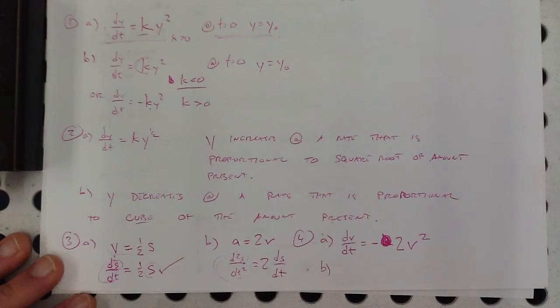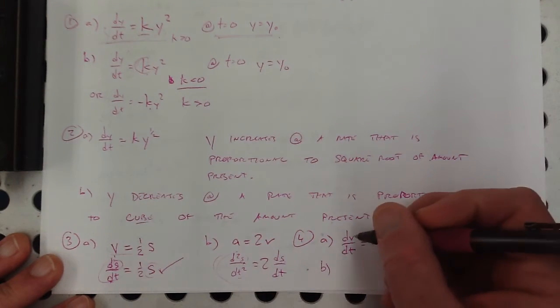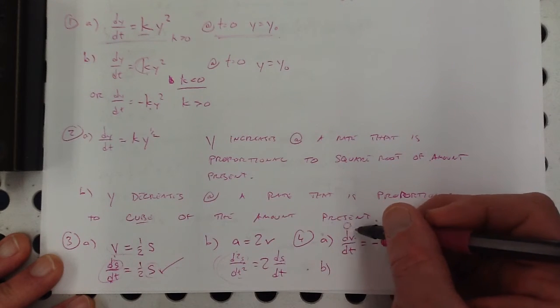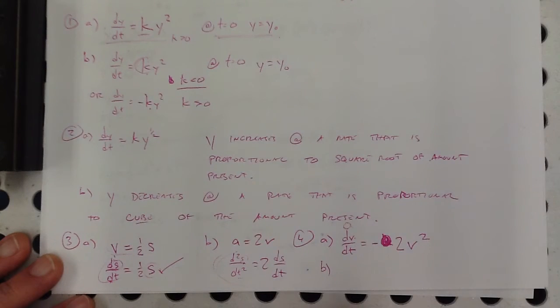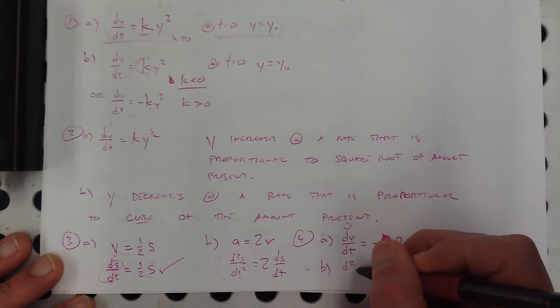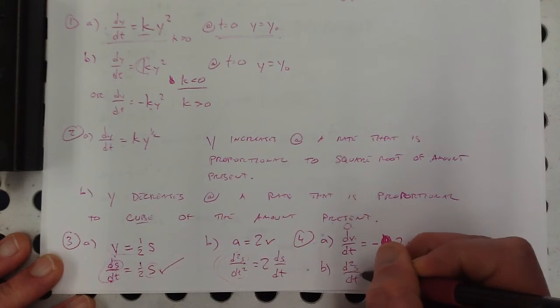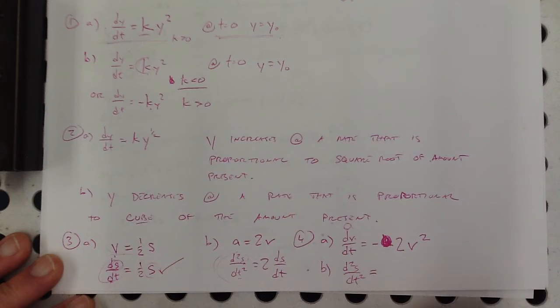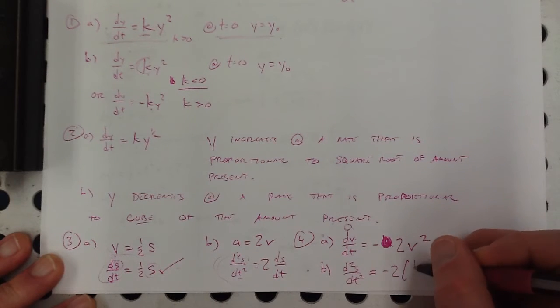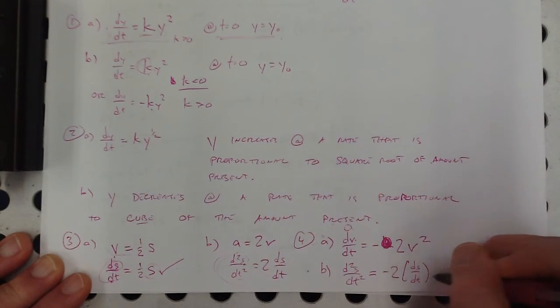And then for part B, they want a differential equation whose solution is the position, s. So we just need to get to the s thing. What is dv/dt? This is the same as acceleration, right? If we want to turn that into position, that's the second derivative of position, and that is equal to -2 times v squared, where v is the same as the derivative of position.